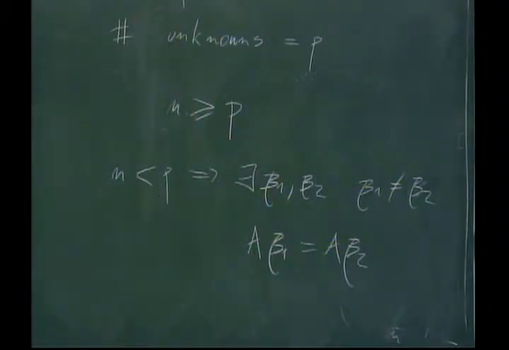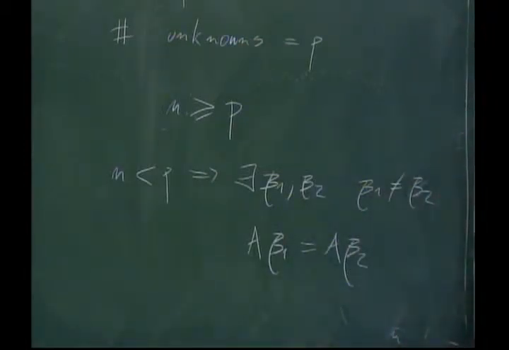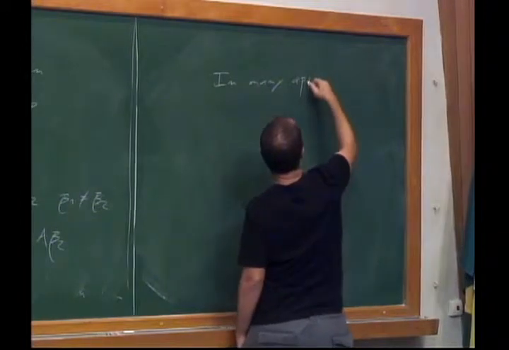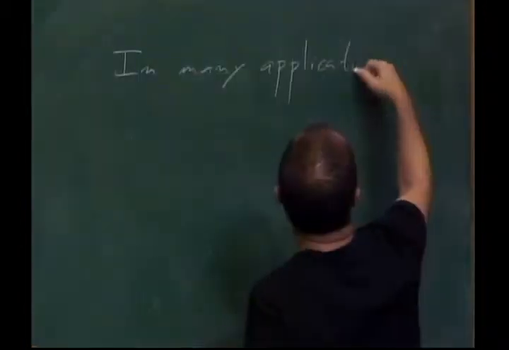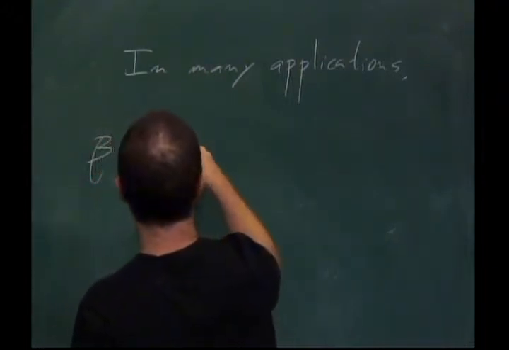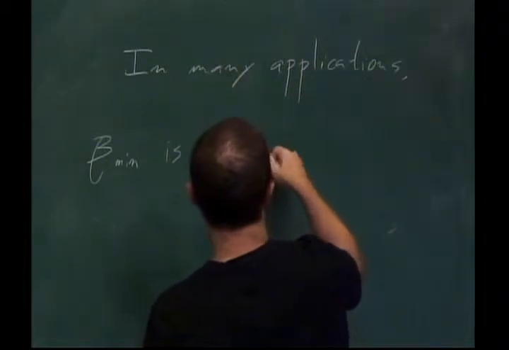So that would be the end of the story, of course, except that in many applications, you have vectors beta that are sparse or approximately sparse.